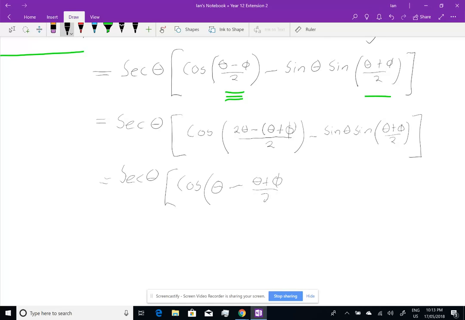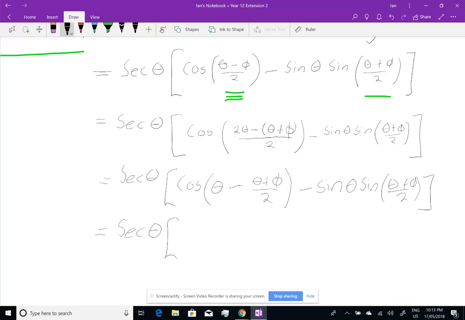Phi on 2. Oh, now it's looking good. Now, sine theta plus phi on 2. Okay, because now I can use my formula. Cos, sine, sine.